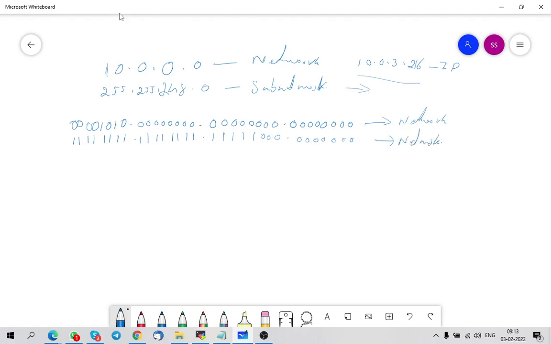Now we will convert this IP address also into this format.